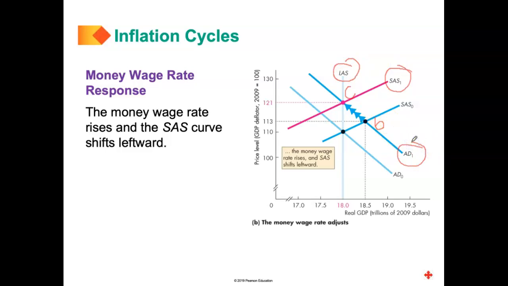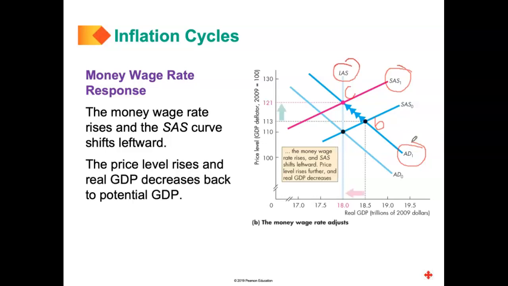So the money wage rate rises and the short run aggregate supply curve shifts to the left. The price level will increase from 113 to 121, and GDP will go back to normal, meaning the gap is closed. So the price level rises and GDP goes back to potential GDP.